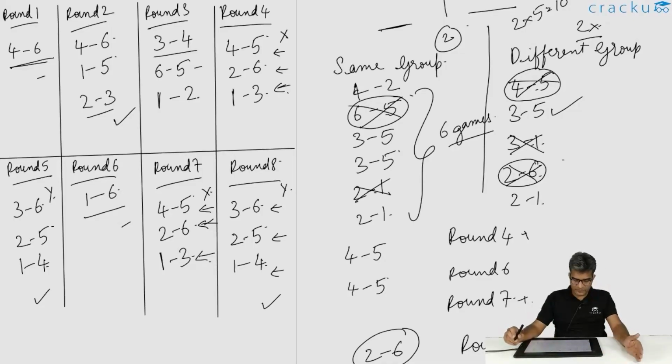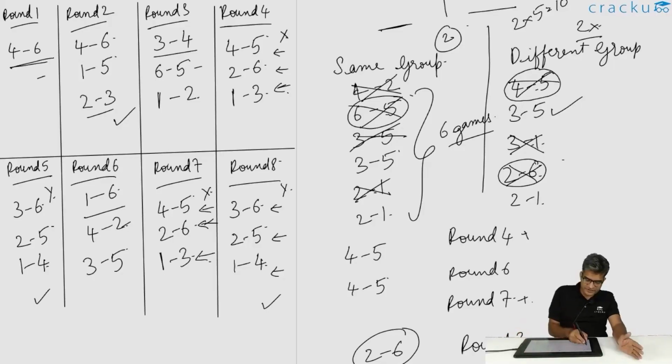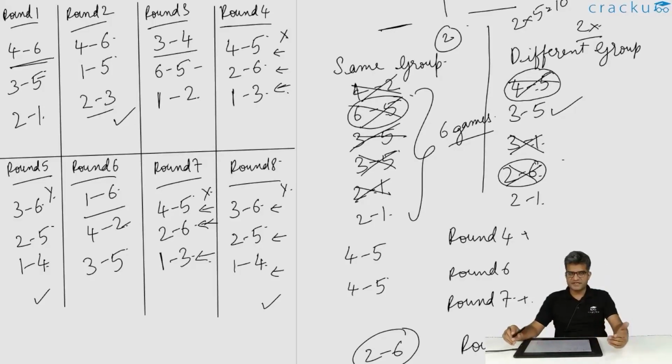Similarly, if you're looking at round 1 and round 6, we have identified that in round 1, team 4 has played team 6. So this 4 versus 2 has to happen in round 6. So the third game will be between the 2 remaining teams, which is 3 versus 5. This would tell us that the last 2 games of 3 versus 5 and 2 versus 1 have to happen in round 1. This is how we'll solve the set in a logical manner.